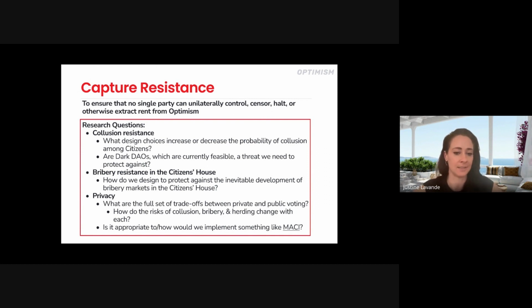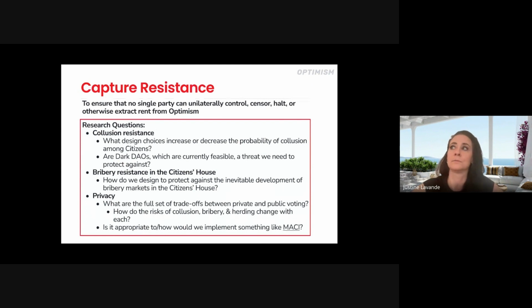Some of the things that we think about are questions around collusion resistance, like how do we set different parameters, for example, the number of citizens, with an understanding of how that impacts the probability of collusion. If you have public versus private voting, how does that impact the development of a bribery market?